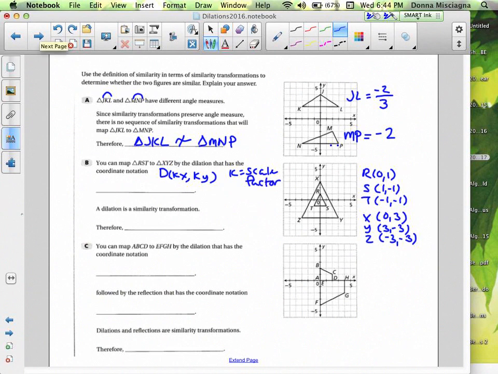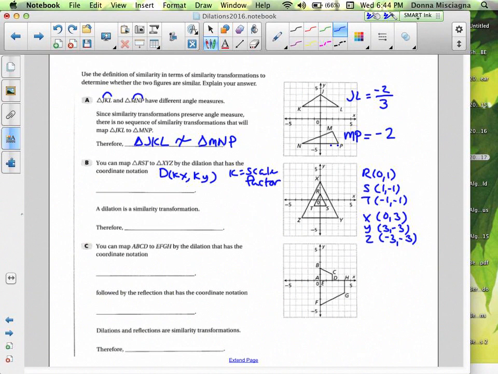Right, so we have to find our scale factor. Let's use a pair of corresponding points and find the scale factor, and then we'll check it by seeing if we multiply the original coordinates by the scale factor if we get the image.